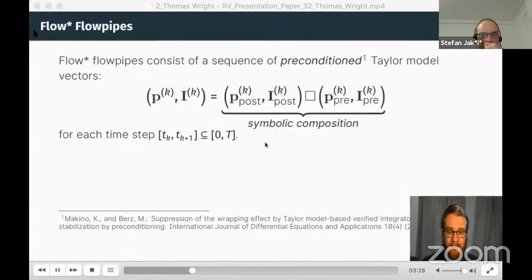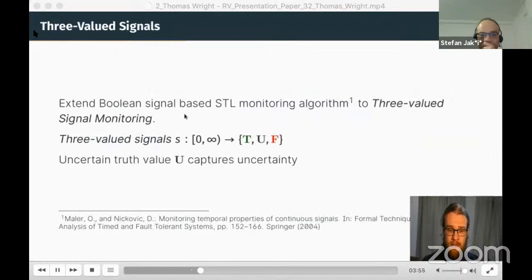In fact, FlowStar's flowpipe format is richer still and gives something called preconditioned Taylor models, which actually give us two Taylor models, the first acting as a transformation of the state space and the second the actual solution. And these are symbolically composed, which we denote with this square, by substituting the first into the second to give the overall Taylor model.